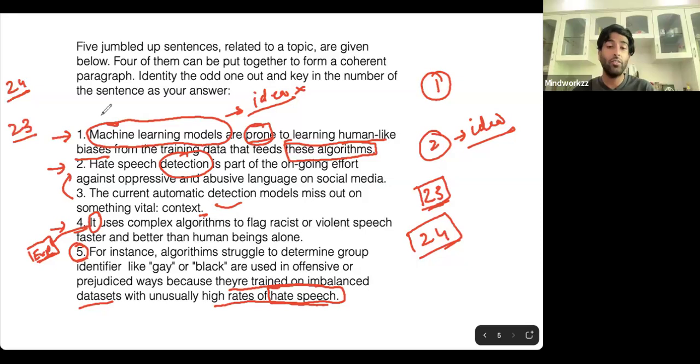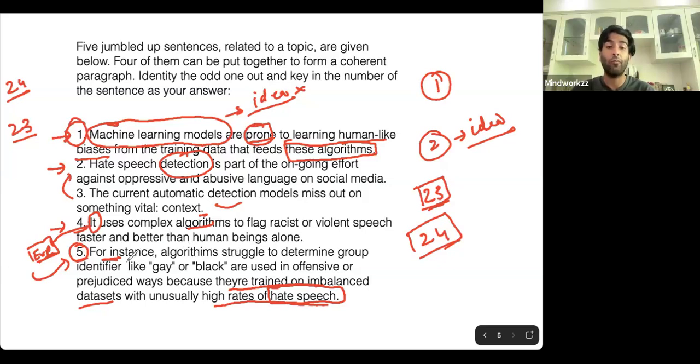Hate speech detection, which uses complex algorithms to flag racist or violent speech. But here, if you see sentence number 5, it's talking about, for instance, the algorithms struggle to determine group identifiers. So that is trying to tell me that this 'for instance' is actually coming from sentence number 1, that machine learning models are prone to learning human-like biases from the training data that feeds these algorithms.